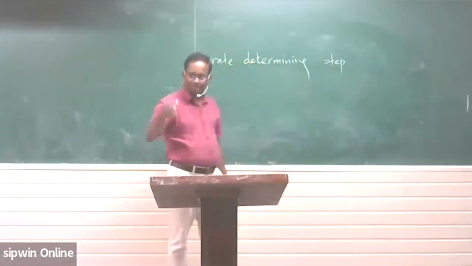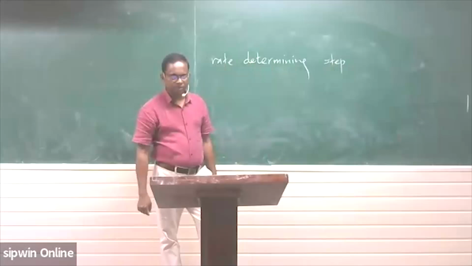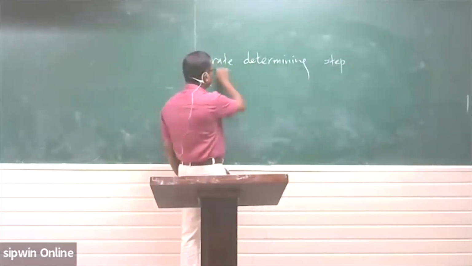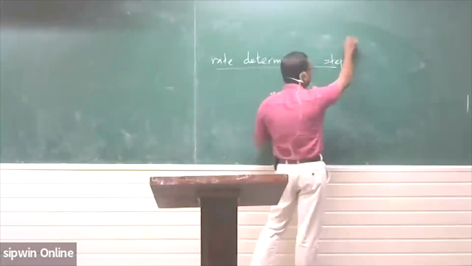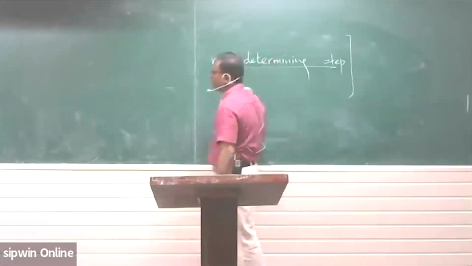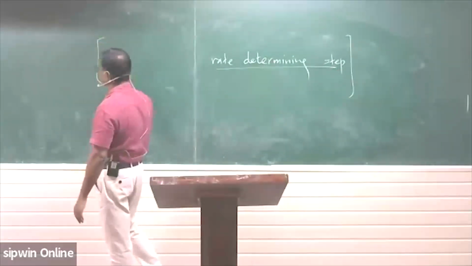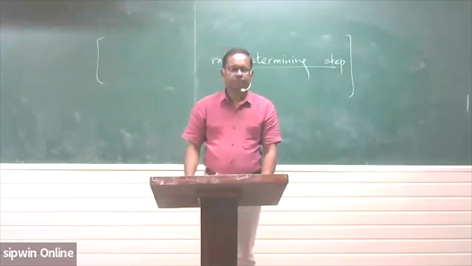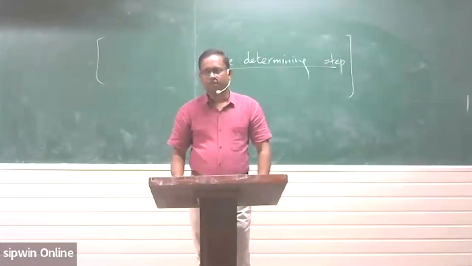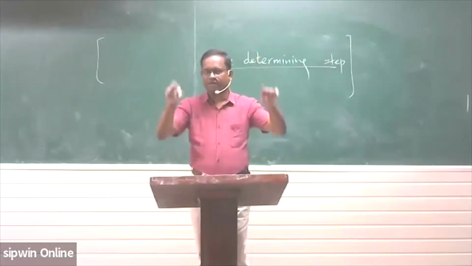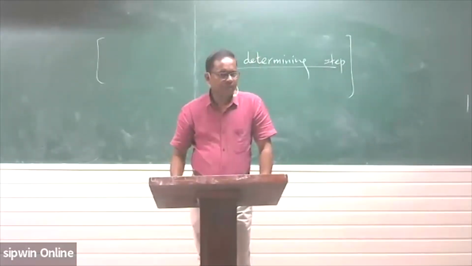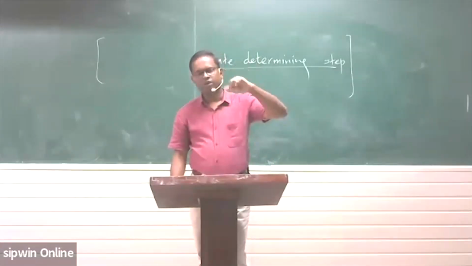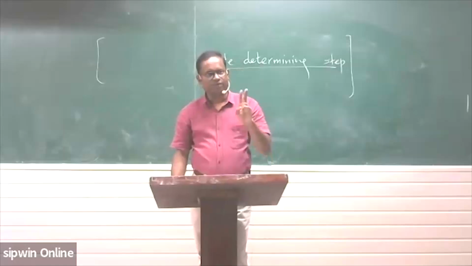We started with 'is defined as', right? Did you write it like that? In the rate determining step. Underline this and put that whole statement in a bracket, because we are still in elementary reactions. Still you are learning elementary reactions, but the molecularity definition can be given in two ways.